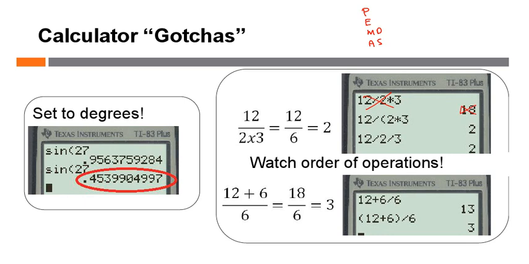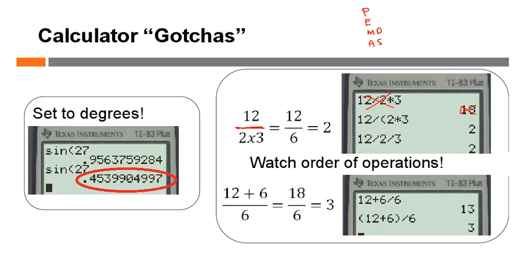You get 2 choices. Option A is to say 12 divided by parenthesis, and you can put one at the end if you want. That holds that 2 times 3 together, gives you the 6, and then 12 divided by 6 would be 2. That works fine. The other thing you can do is to remember that this fraction bar right here really means divide by.